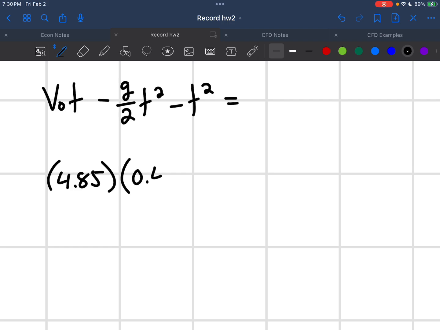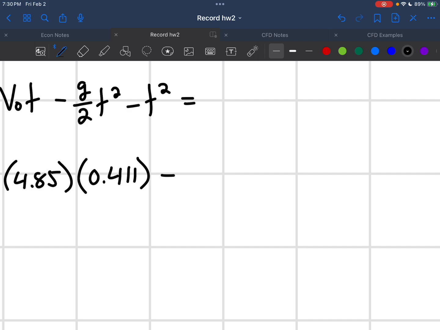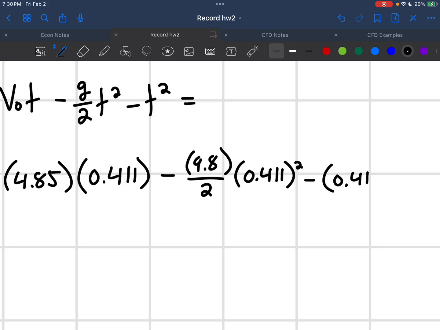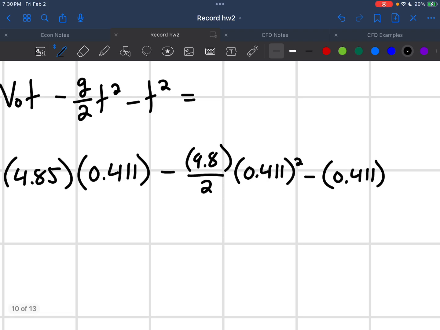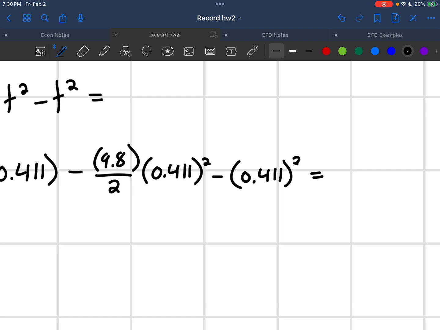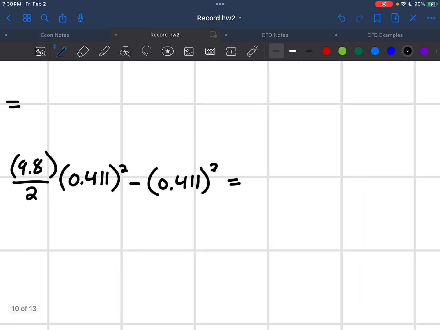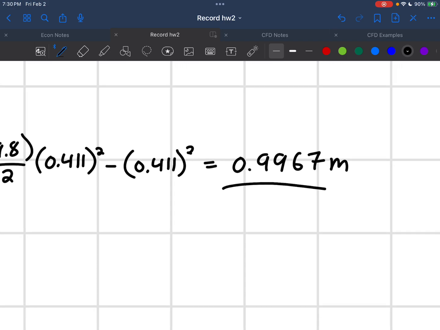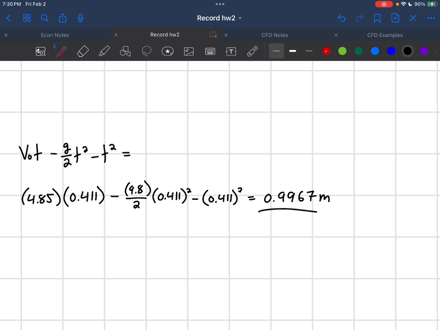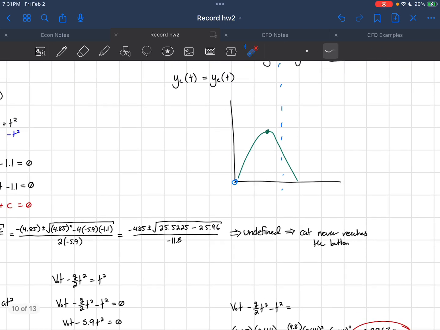My time is 0.411 seconds, minus my 9.8 over 2 times my 0.411 squared, minus 0.411 also squared. When I punch all of this into my calculator, it's going to give me a maximum distance of 0.9967 meters, right?